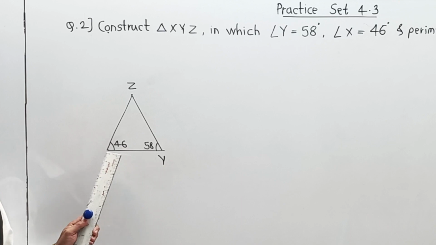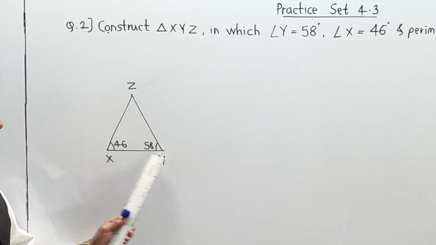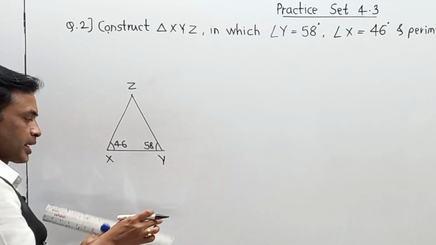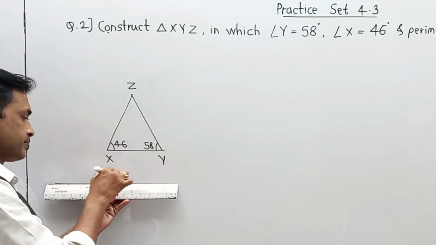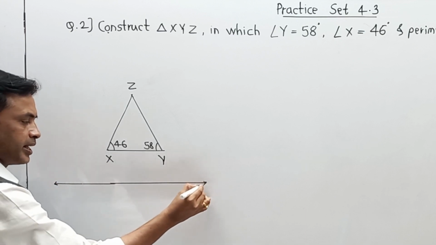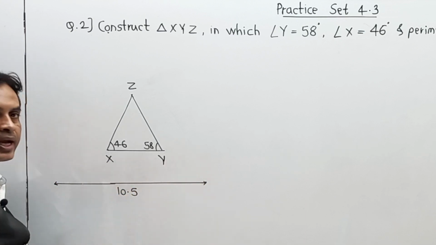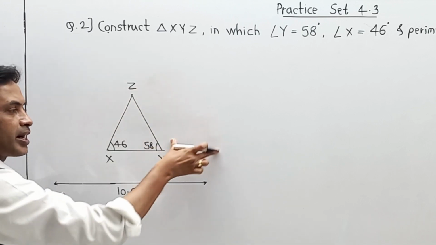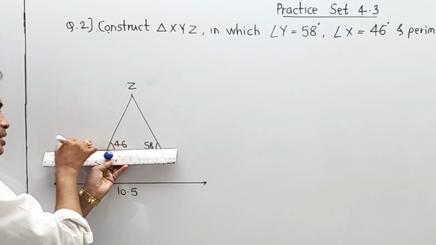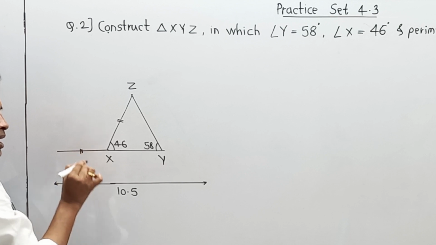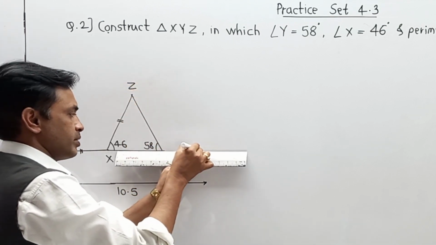Naturally, they have also given the sum, the perimeter XY plus YZ plus XZ, all three added, is 10.5 centimeters. So first of all I am going to take the base line of 10.5 centimeters. I am going to take the length of the side as 10.5 centimeters. And again, when you open XZ in this direction and YZ in this direction, it means the equal length of XZ is over here and the equal length of YZ is over here.